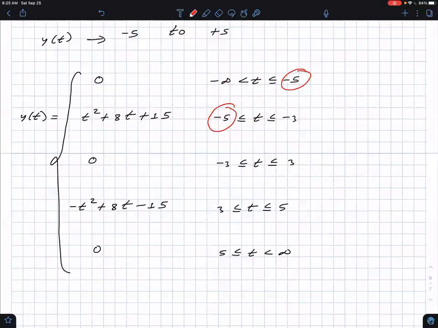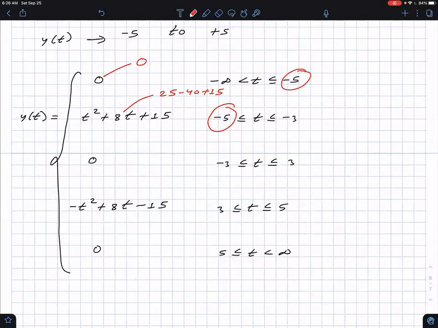So if we evaluate t equals -5 using the second expression and the first expression, we should get the same number. If we evaluate y of t at t equals -5 using the first one, we get a 0. And using the second one, we would get 25 minus 40 plus 15, which is also 0. So y of t at -5 looks good.